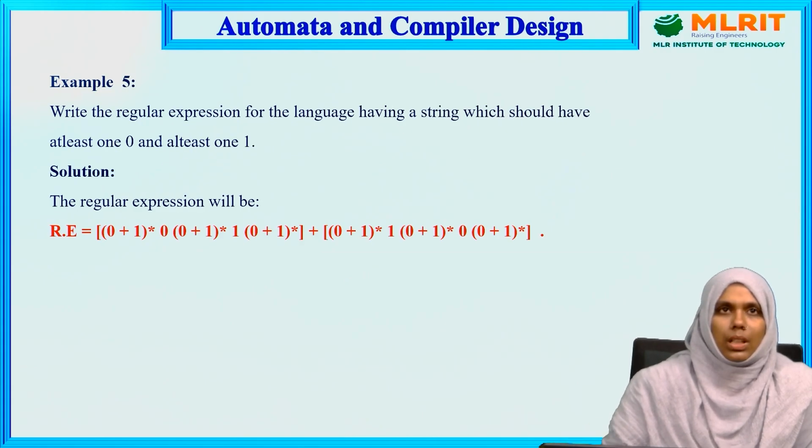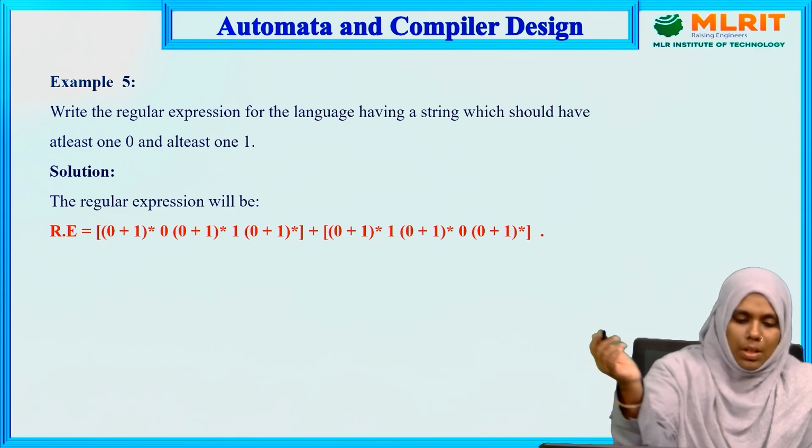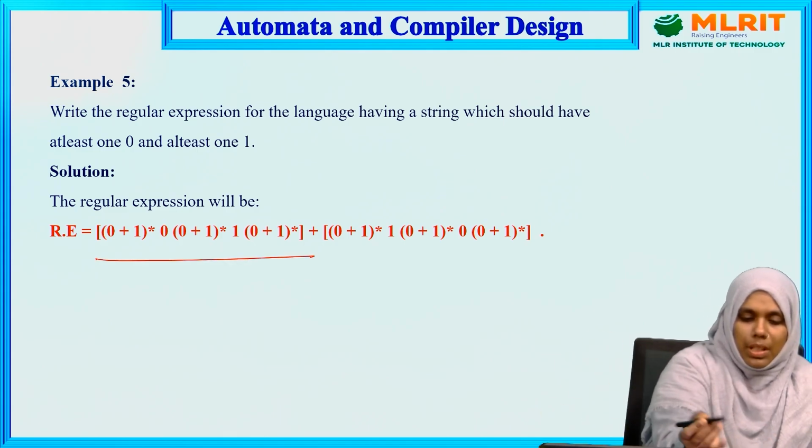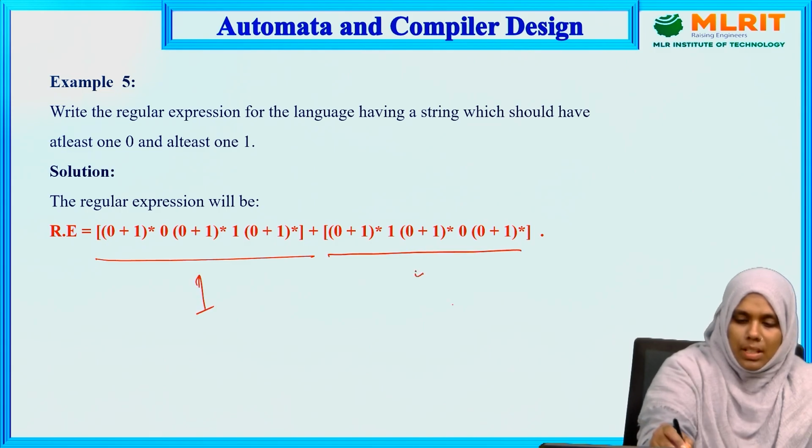Now coming to the next example: write the regular expression for the language having strings which should have at least one 0 and one 1. That means whenever you write the language, at least one 0 should be there and at least one 1 should be there. For that we have taken two combinations: this is the first combination and this is the second combination.